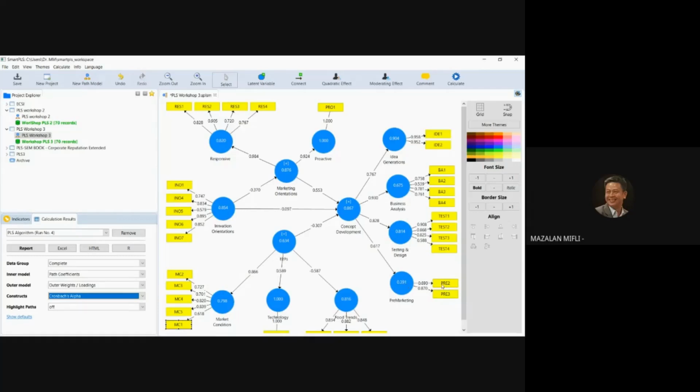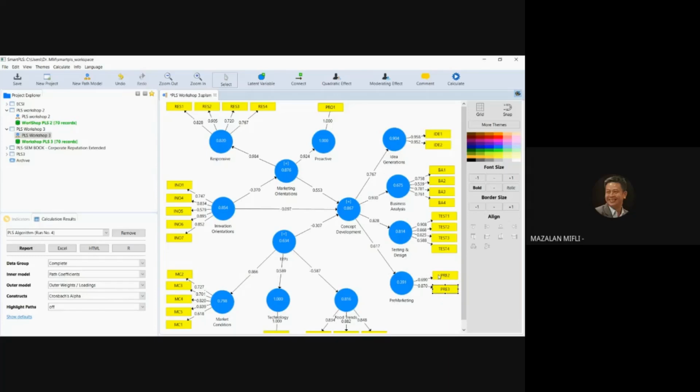So if you know what I'm talking about, okay. For those who don't, then you need to do a lot of readings to understand what you are doing. The alternative after alpha is inter-item correlations.